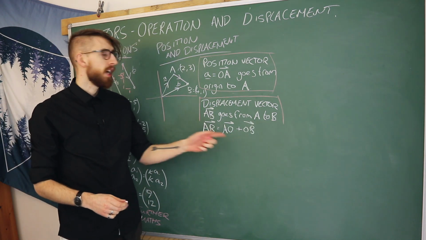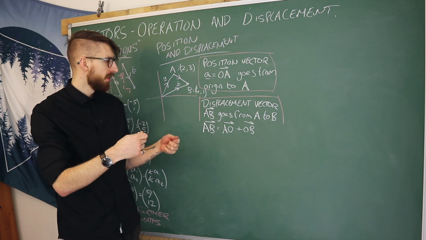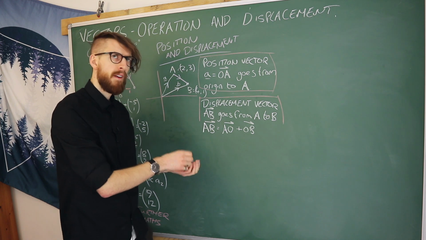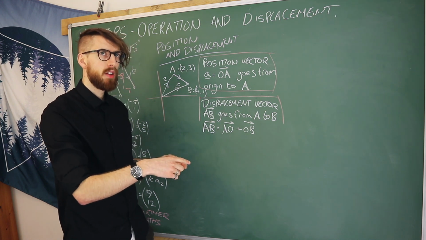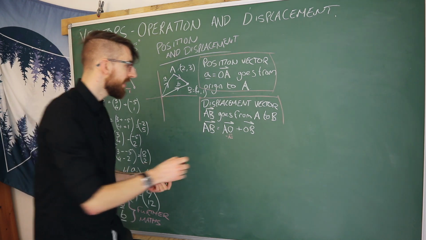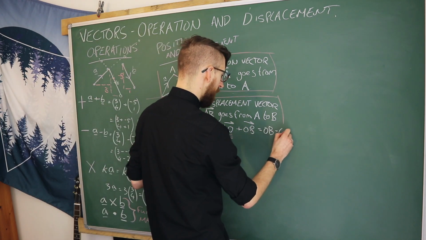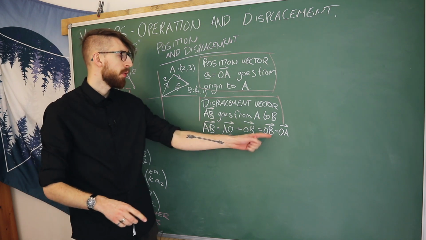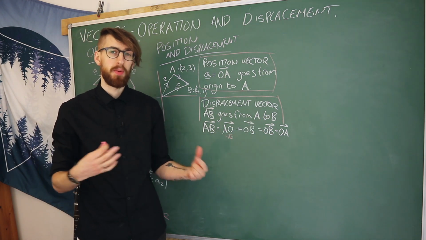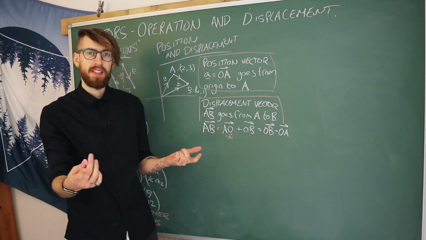Now AO is actually the reverse of OA, isn't it? So this is just actually minus OA. So we can rewrite this as AB equals OB minus OA. And that's like the difference between the two. And that's how to work it out.